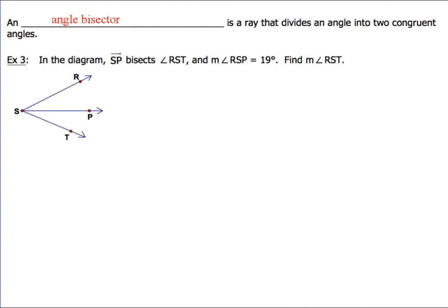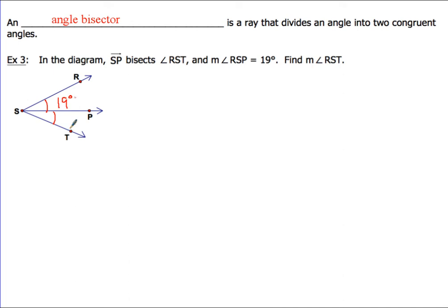Let's take a look at what we have to find first. Measure of angle RST. So we've got to find the measure of angle RST, which is the entire angle. The other piece of information that we're given is the measure of angle RSP is equal to 19. So we're going to go ahead and mark that in our diagram. Now, the third piece of information that we're given is that ray SP bisects angle RST, so that means this angle and this angle are going to be identical.